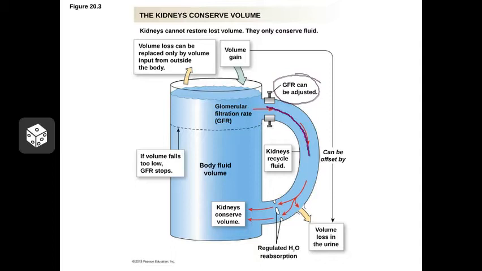As that fluid flows through the kidney, there is obligatory reabsorption of water, but there's also regulated water reabsorption, which we'll look at in a minute. And by triggering the need to conserve volume, the urine is more concentrated.